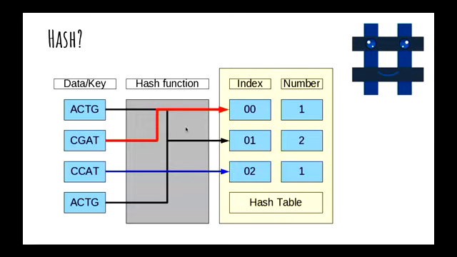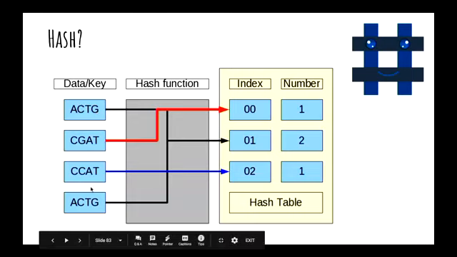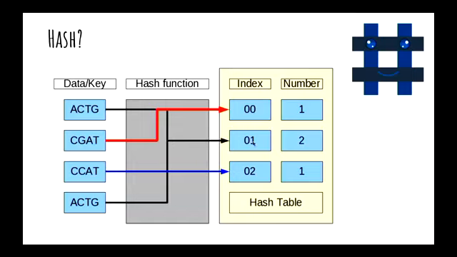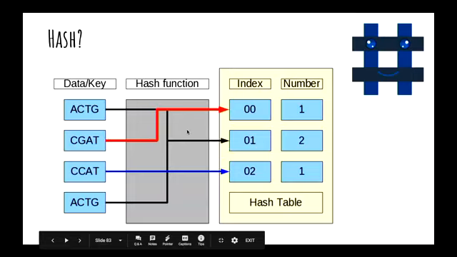The next one gets assigned a memory address of 0, and it gets number 1, and so on for this one, and then this one here is the same as this one. The fourth one is the same as the first one, so when it runs through the hash function, it gets assigned to the same index as the first one, and so it just increments the number of times it's appeared, and this is very fast because this is just a calculation, straight arithmetic.